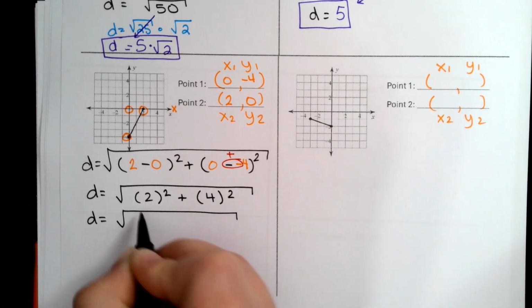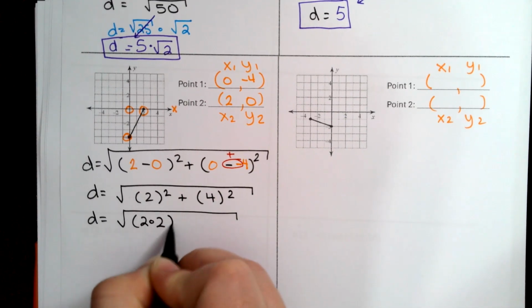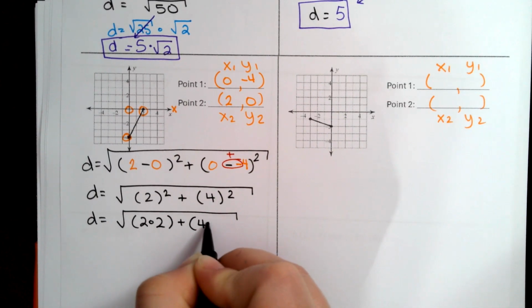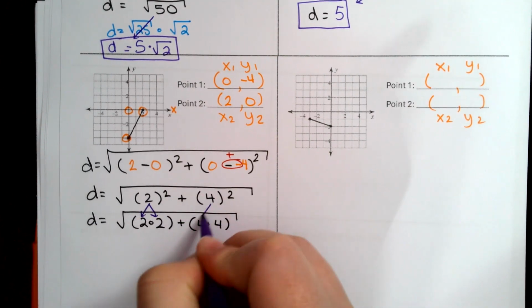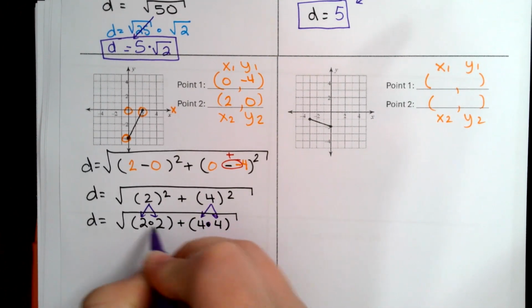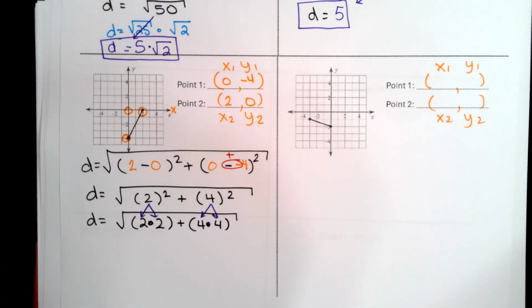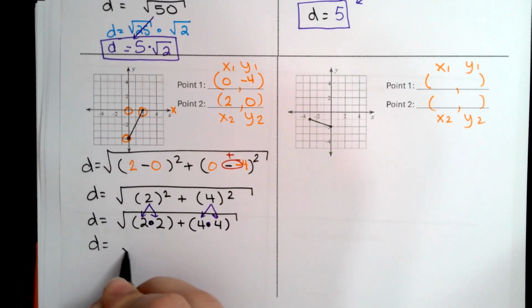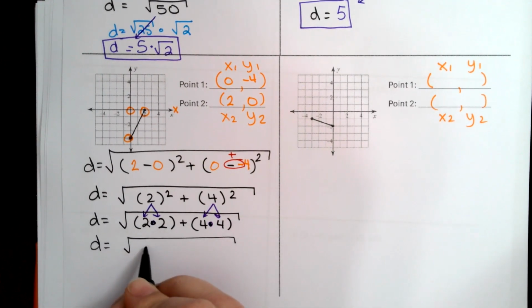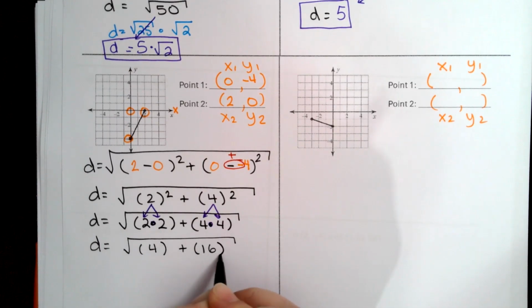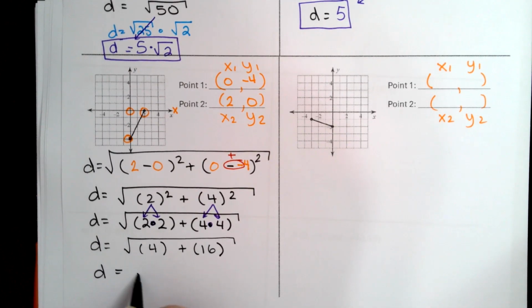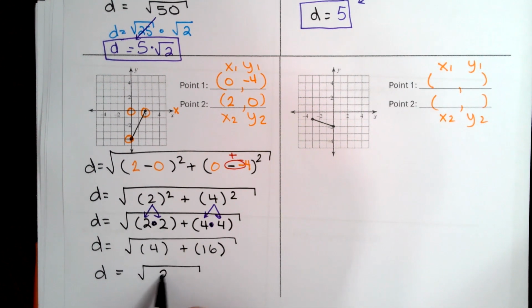Expand. So we get 2 times 2 and 4 times 4. Remember, this is multiplication here. Do not add. Okay, 2 times 2 is 4. 4 times 4 is 16. 4 plus 16 is 20.